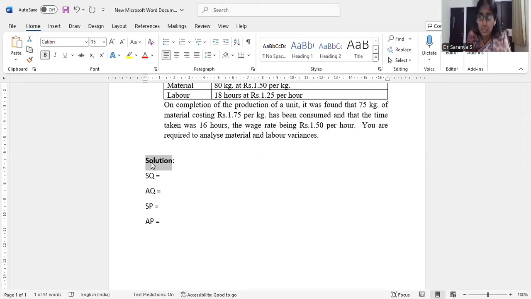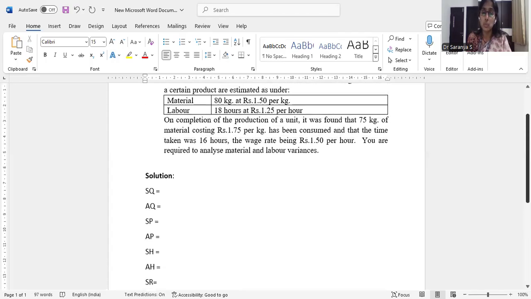These are the variables which will be used for material variance. Now for labor variance, we will be using SH, standard hours; AH, actual hours; then SR, standard rate; AR, actual rate. So these are the variables which we are going to use.